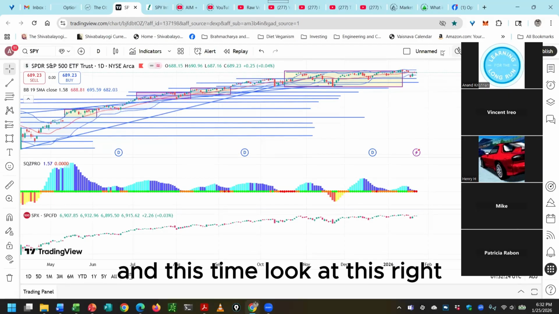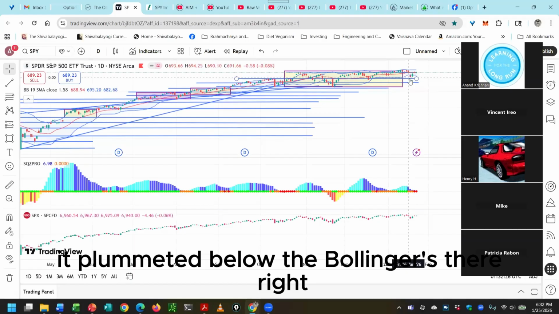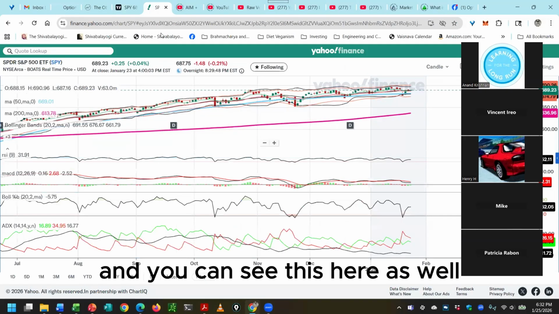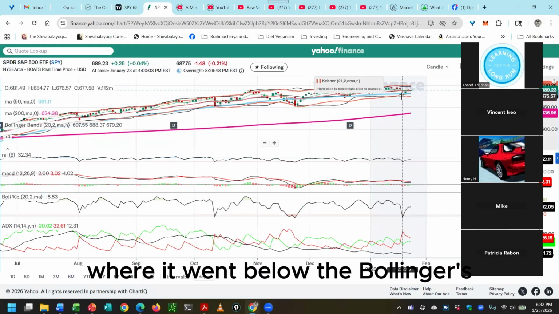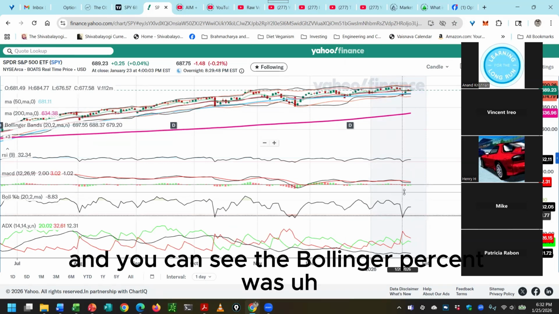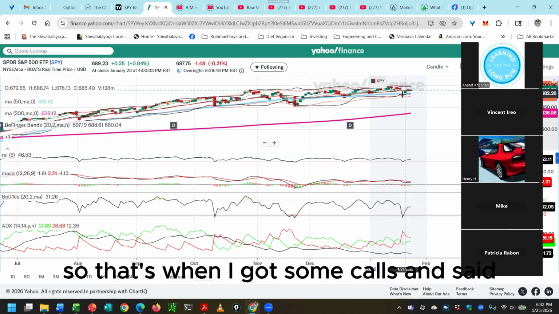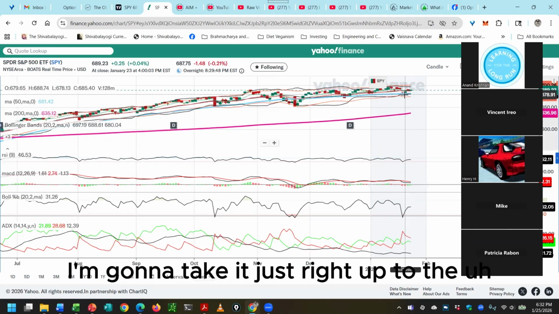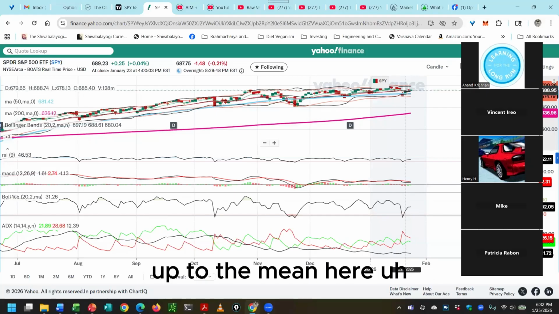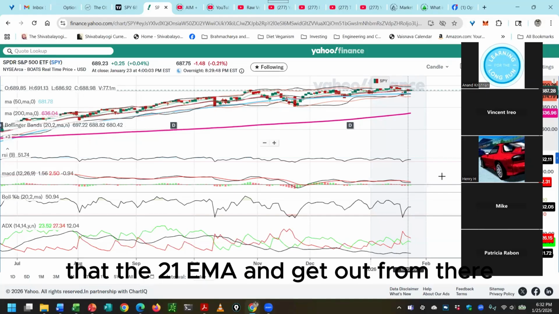And this time, look at this, it plummeted below the Bollingers there. And you can see this here as well, where it went below the Bollingers, and the Bollinger percent was slightly negative, as was the RSI. So that's when I got some calls and said, I'm going to take it just right up to the mean here, the 21 EMA, and get out from there.